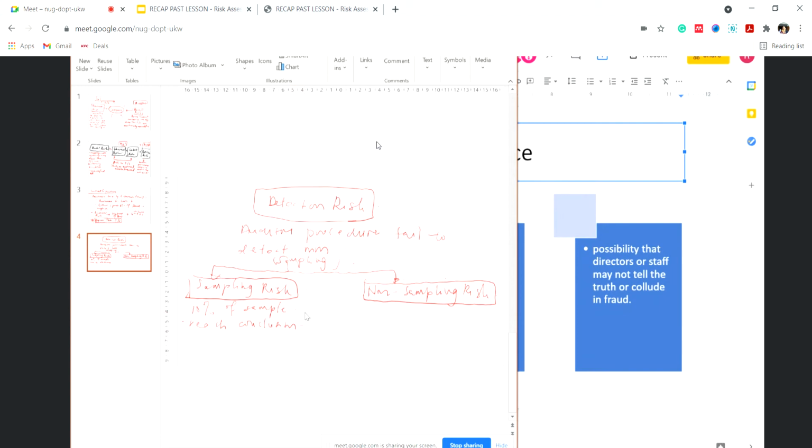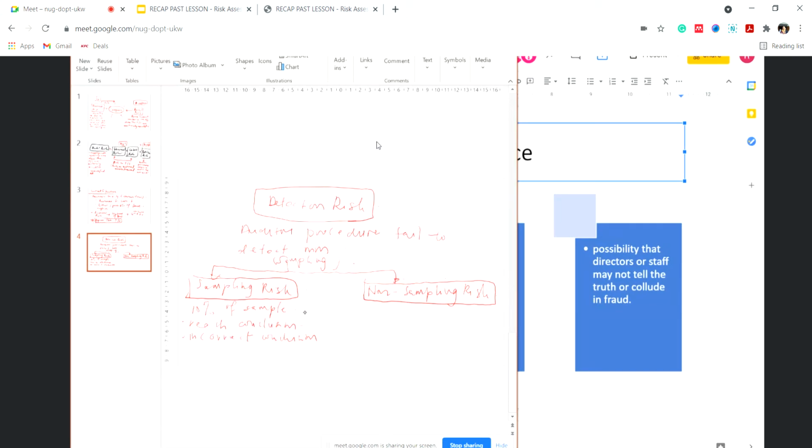That is sampling risk: risk due to an incorrect conclusion, because the sample you chose is too small or is not representative of the population.